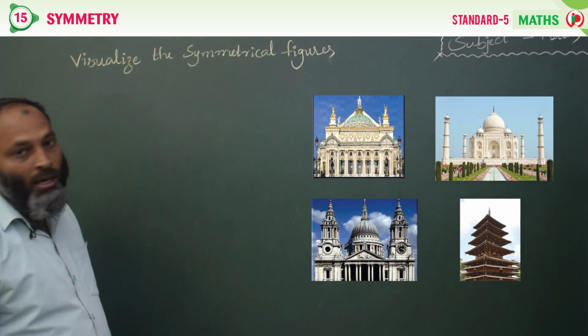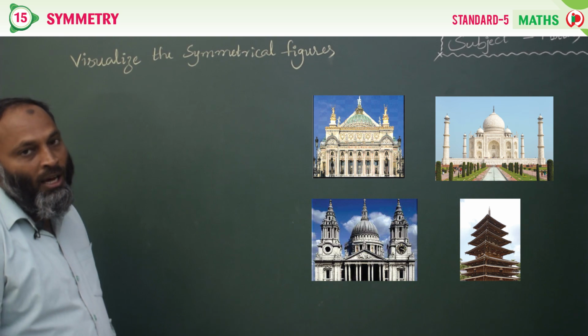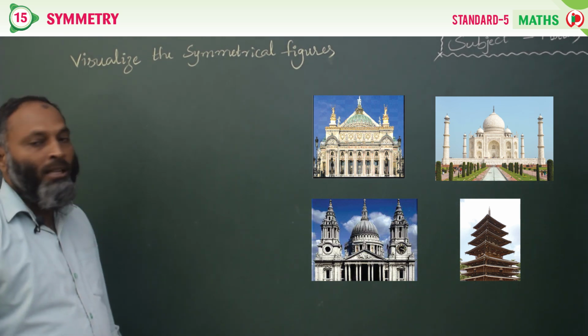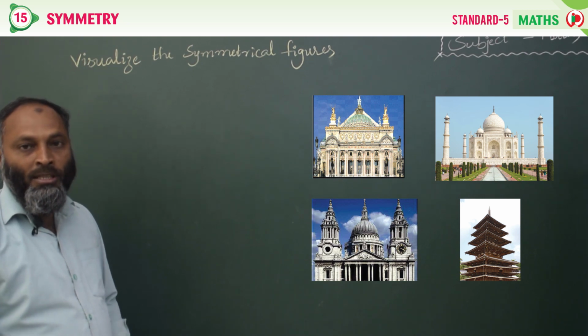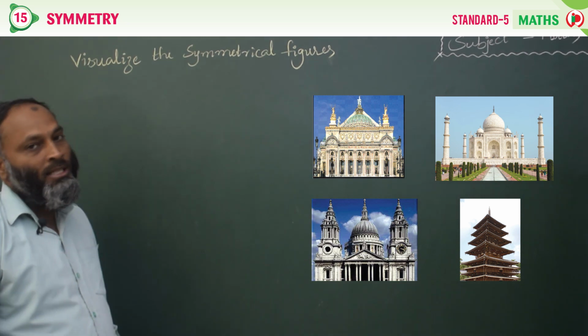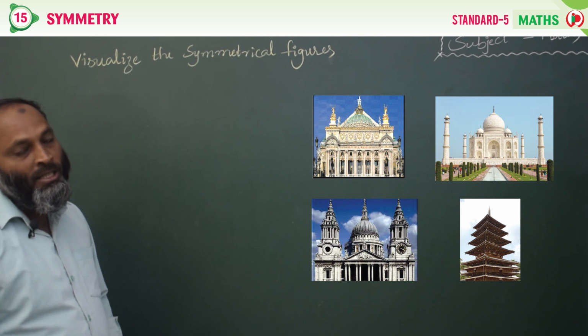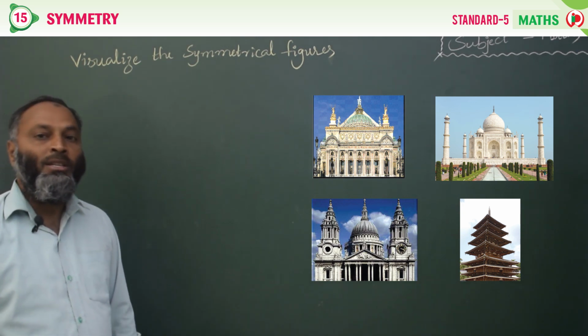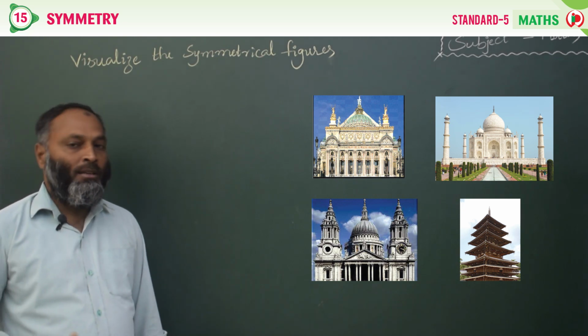So if you draw a vertical line, you will get identical shapes on the left and the right. When we draw a symmetrical line that divides a shape into two identical shapes, then that shape is a symmetrical shape. This we discussed previously.